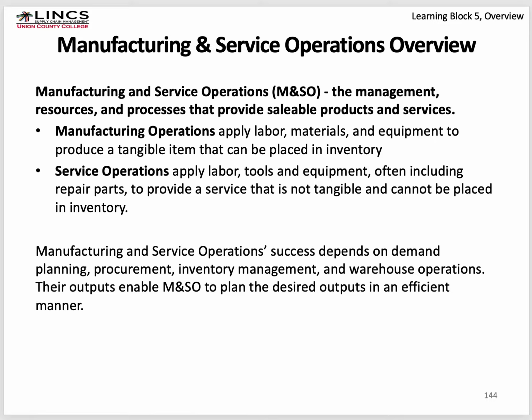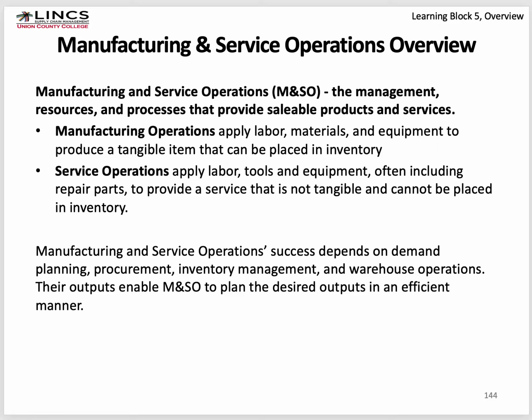So, we talked about it already. Manufacturing operations apply labor, materials, and equipment to produce the goods. The goal is to have the right goods in the right place at the right time in the right quantities in order to support the sales, which drives the revenue of the company. In service, it's the same thing.